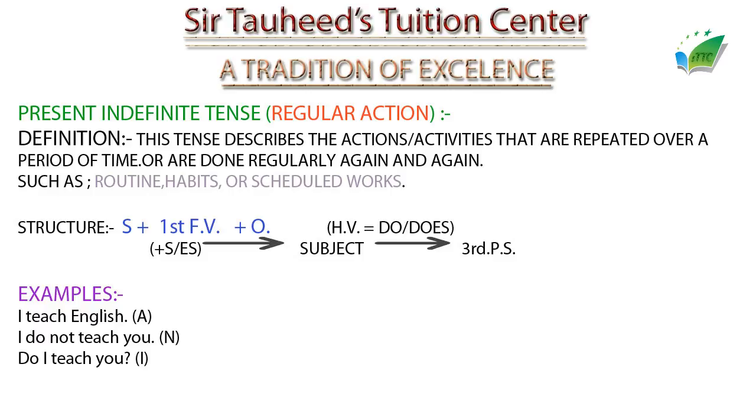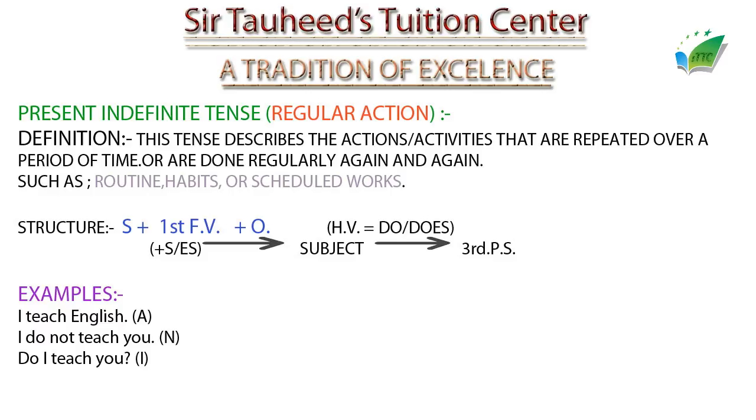To make it a negative sentence, I would have to put a helping verb and then not. Since the subject here is I, which falls in the first person singular category, I'll have to put do after it, and then I have to add not after it.